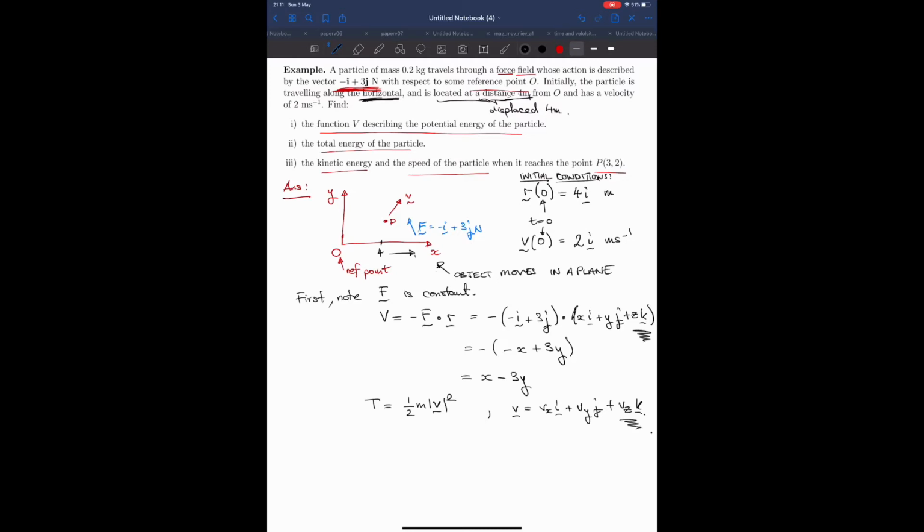They can just be taken as 0 without loss of generality. So this just means I have dx by dt i plus dy by dt j plus dz by dt k. Right, okay, so we know that T plus V equals E. So this means we have a relationship like this.